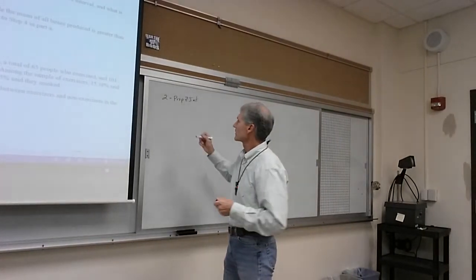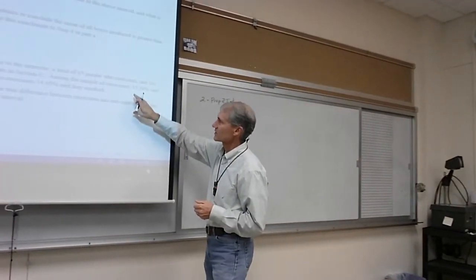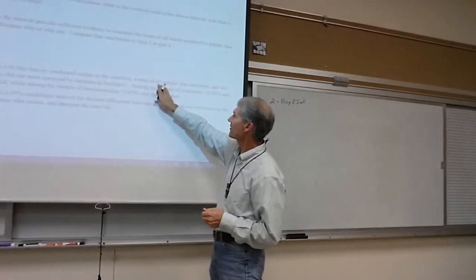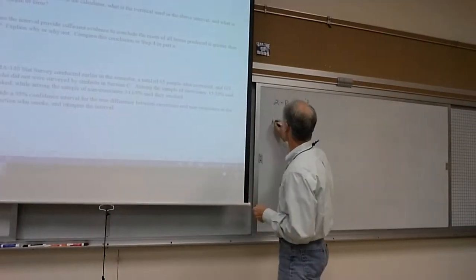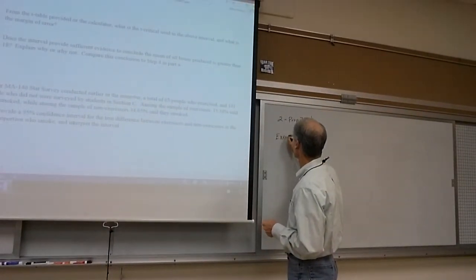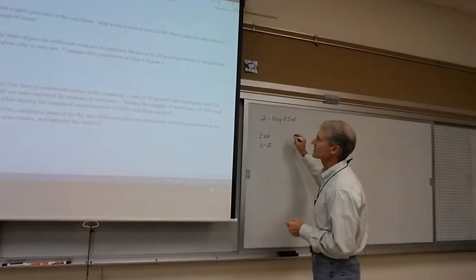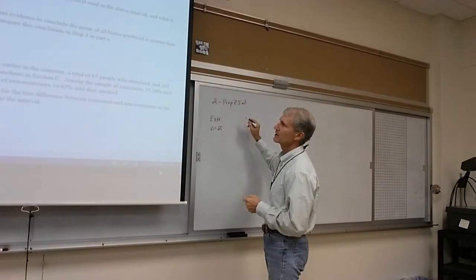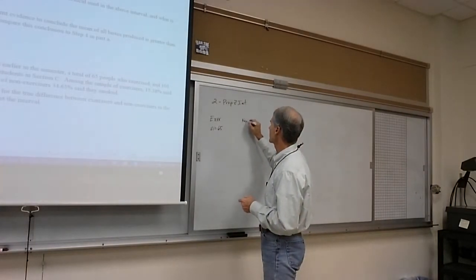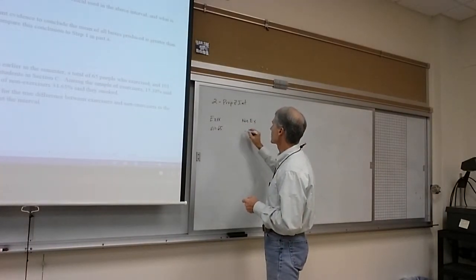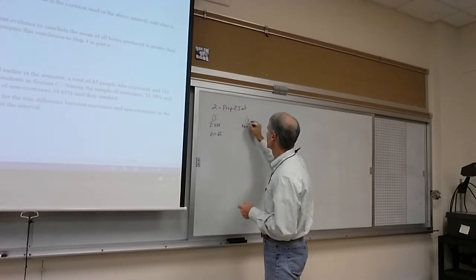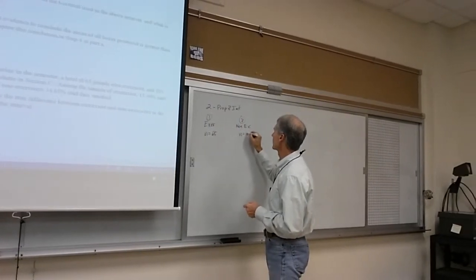Okay, so let's write down what they gave us as we come to it. A total of 65 people who exercised. So if I call that sample 1, exercise, they just gave me n as 65. And then they say 101 did not exercise. So non-exercisers, we'll call that sample 2. That n is 101.